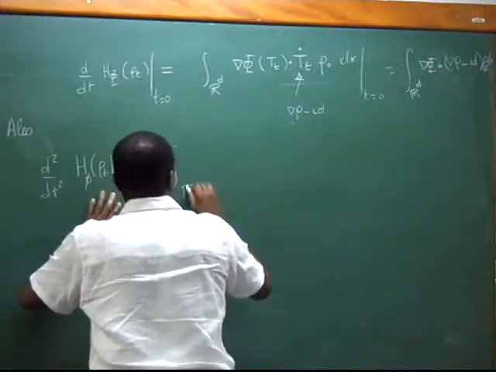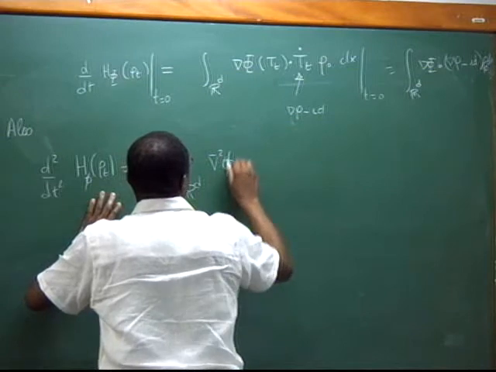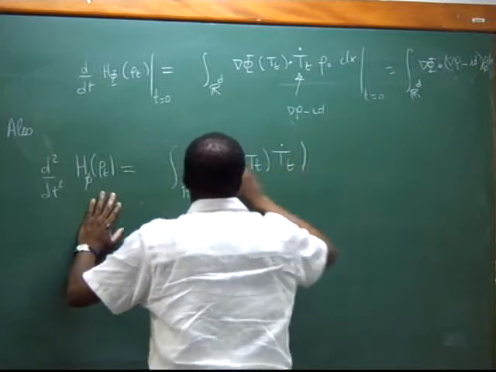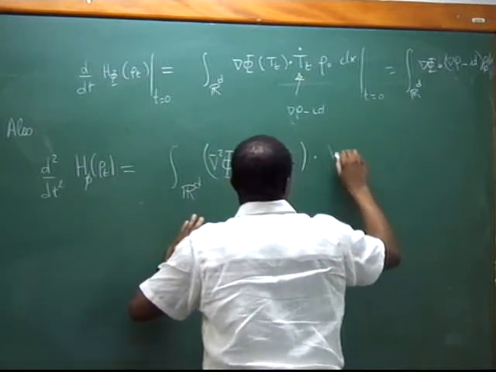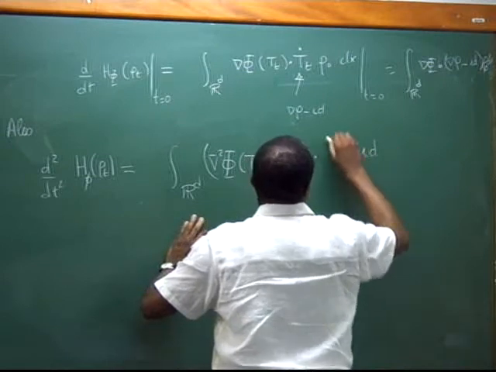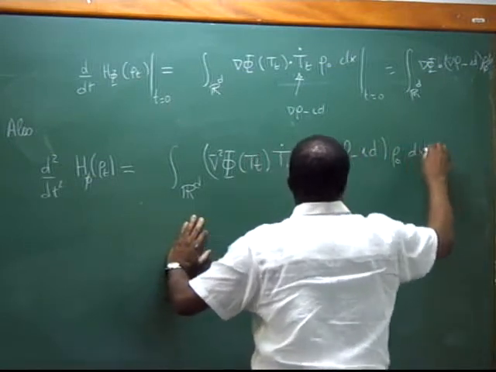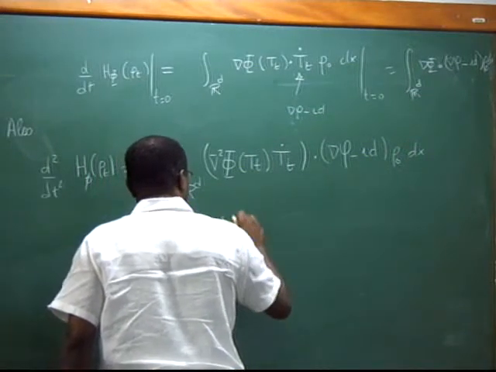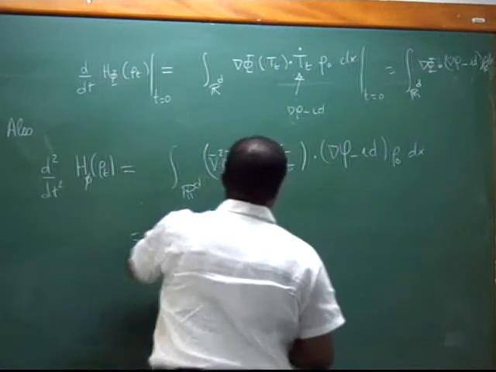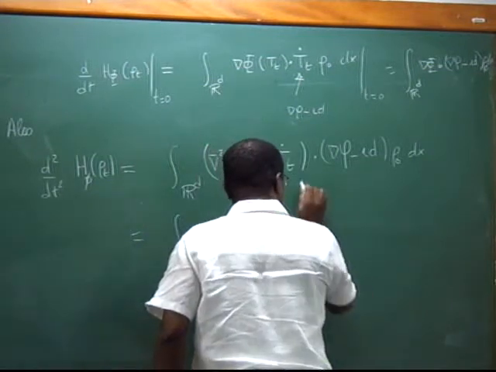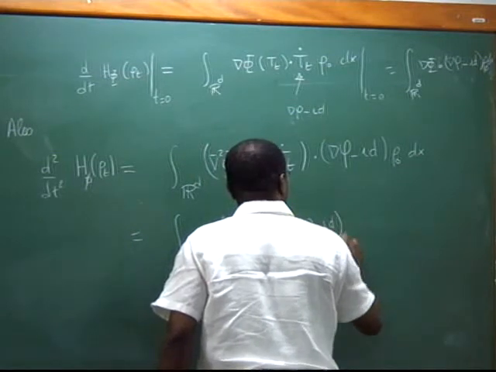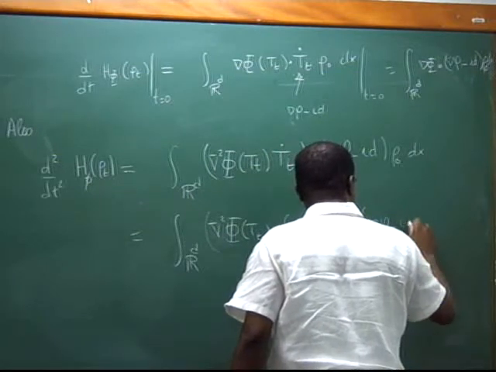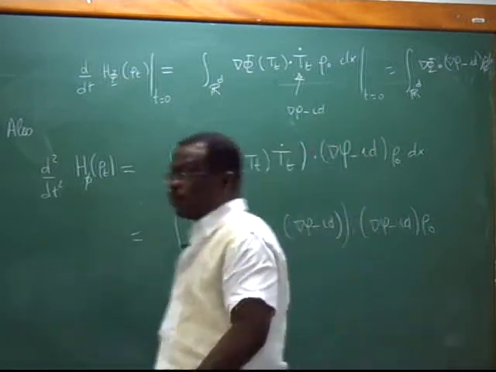So that will be the integral over R^d of the second derivative of phi at T_t multiplied by T dot, the inner product with gradient of phi minus identity, rho naught dx.